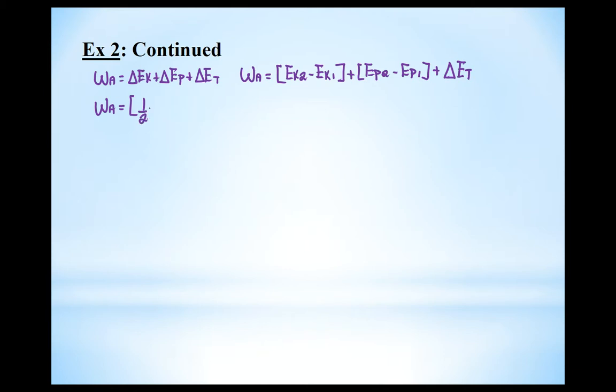So I'd have 1/2 mv2 squared, with a subscript 2 to indicate this is at state 2, subtract 1/2 mv1 squared, plus EP2 is mgh2. So gravitational potential energy is mgh. We add the subscript h2 to clarify which state we're at, and then minus mgh1, and that's plus delta ET.